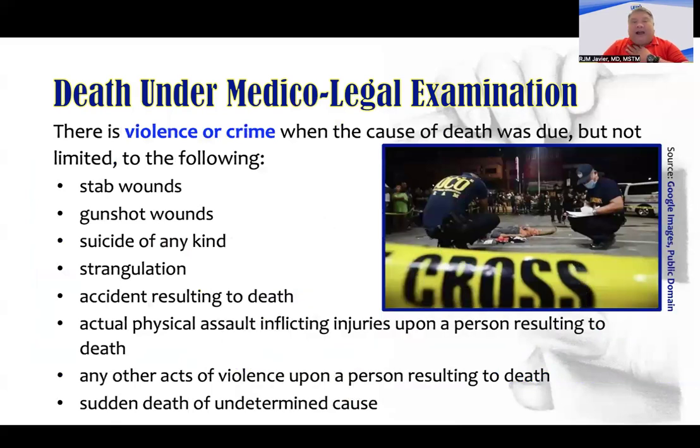Examples of violence or crime would include stab wounds, gunshot wounds, suicide, and so on and so forth, for your perusal and for your academic records. Those Operation Tokhang cases, gunshot wounds, deaths by execution, in the previous administration.